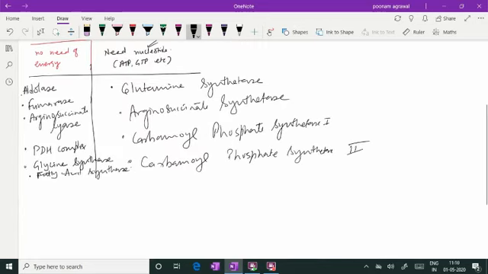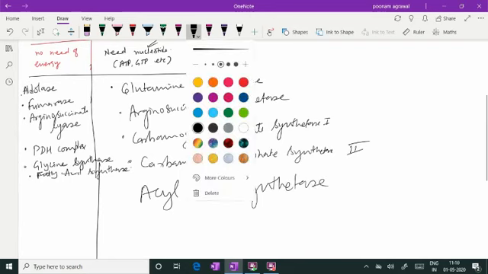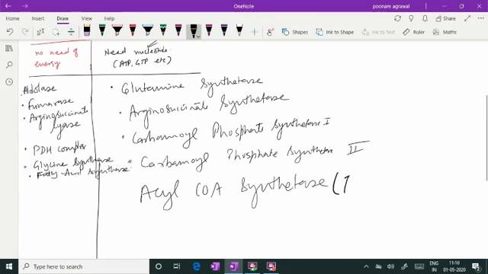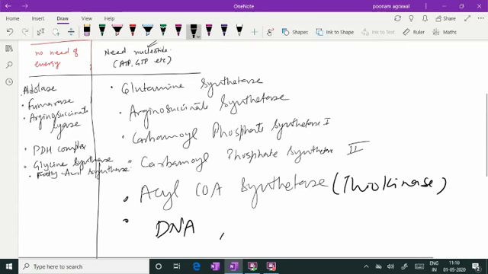They all are synthetases. Acyl CoA synthetase, which you otherwise call thiokinase, DNA ligase is a class 6 enzyme. This also falls under this category.